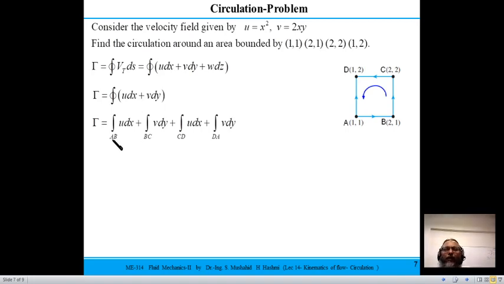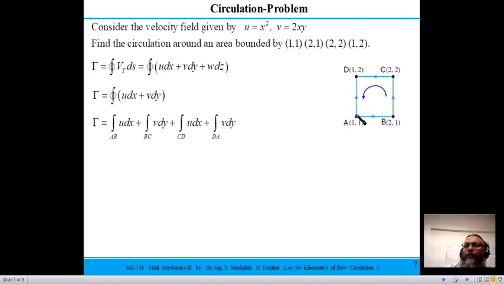For example, for the element AB, my velocity is in the u direction. Similarly, for element BC, my velocity would be in the v direction. And for CD, the velocity would be in the negative x direction. Right now we have not put any sign here, but later we will do the sign as well.